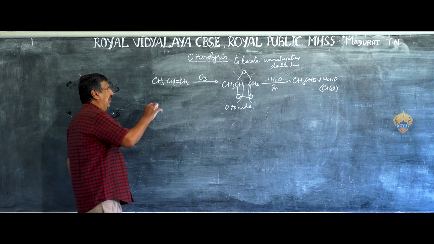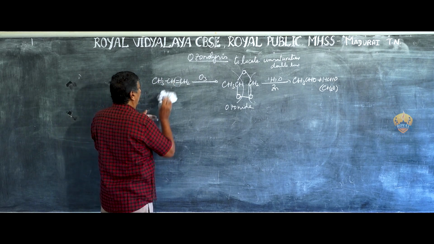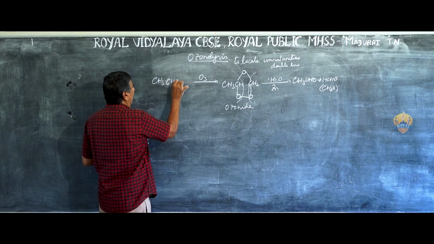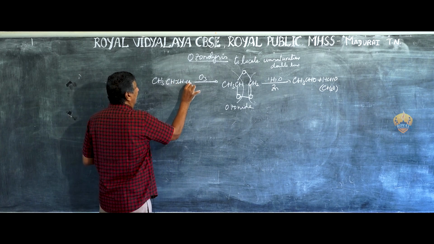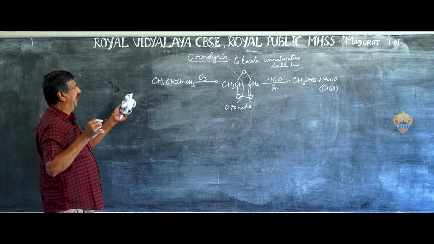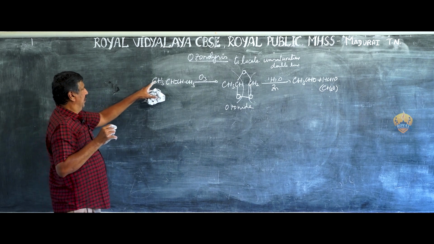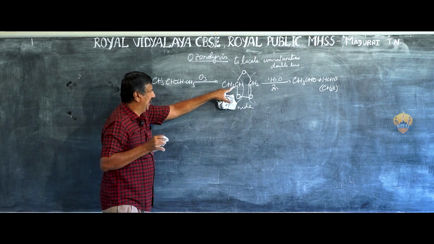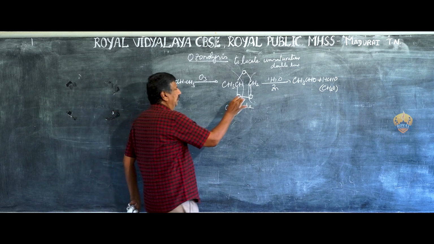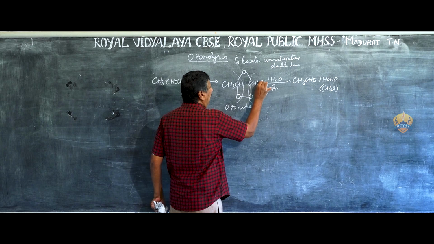Okay. I am going for the next compound like this. Then what will be the product? You see, CH3CH here, CH3, and here also CH3.